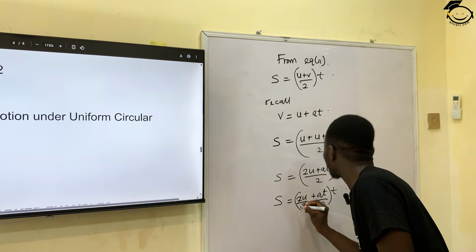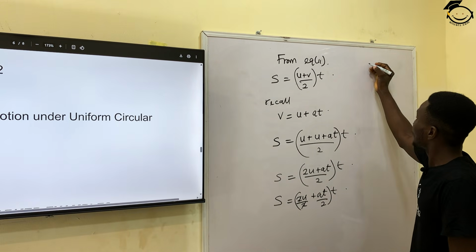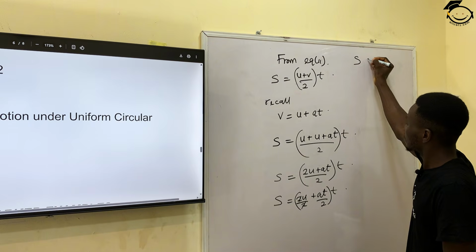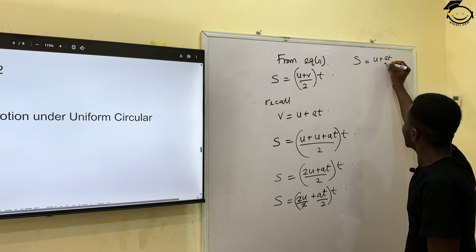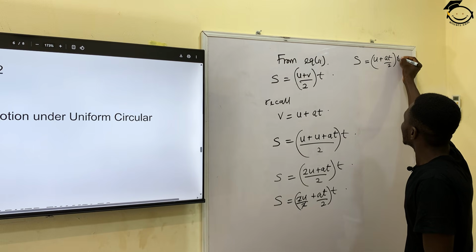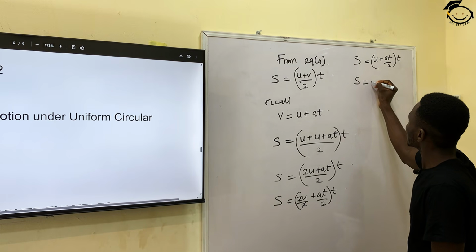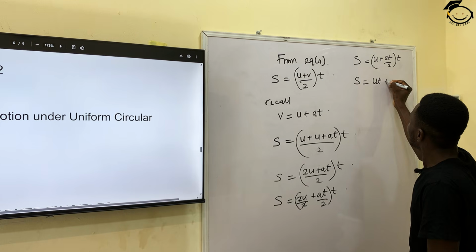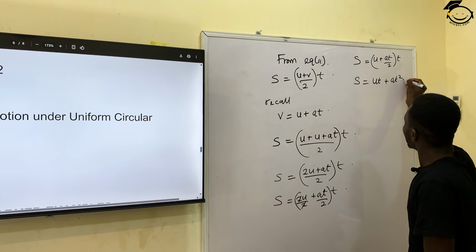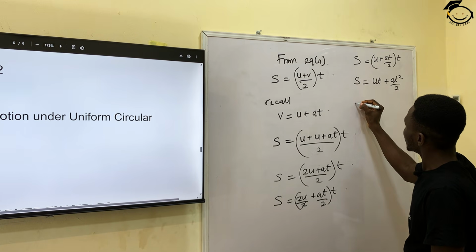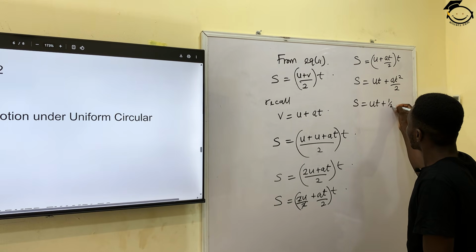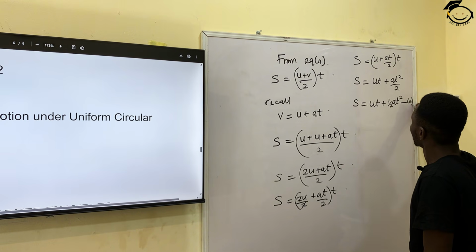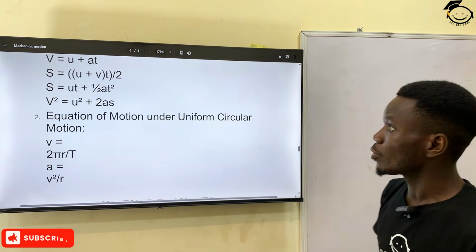So 2 will cancel out 2 here, and that would mean that I have my distance to be equal to u plus at over 2 in bracket t, and that would mean that my distance is equal to ut plus at squared over 2, which is simply saying that my distance is ut plus 1 over 2 at squared. This is my equation 3. So moving on to equation 4.